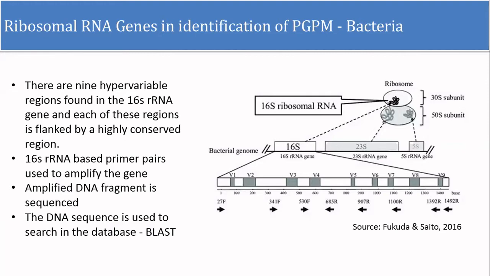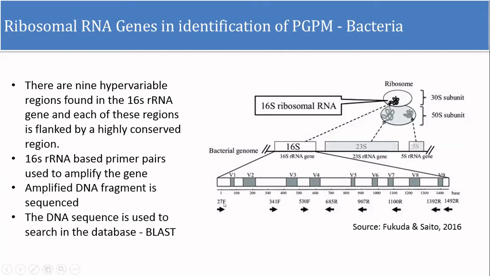And as I told you, here you have this whole region, that is the 16S rRNA gene from a bacterial genome. And here, if you see, the gray shaded boxes indicate the variable regions, and in between the variable regions you have the other regions.